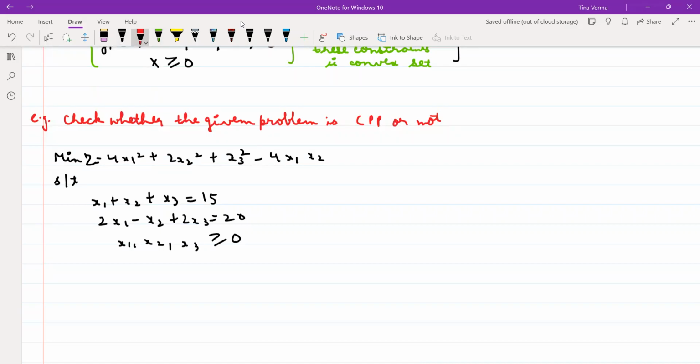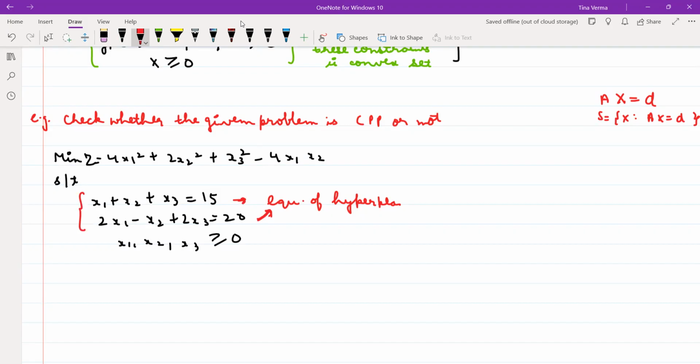For this to form a convex set, if you remember, this is the equation of a hyperplane. We have done the equation of a hyperplane, which we say is ax equal to d, and we have said that the set formed by the equation of a hyperplane is my convex set. So this is my equation of a hyperplane, and this is also the equation of a hyperplane.